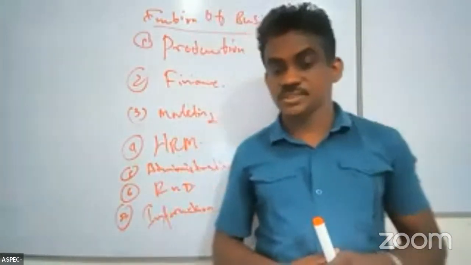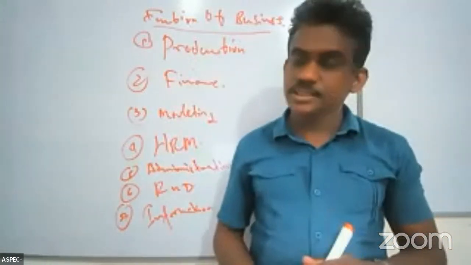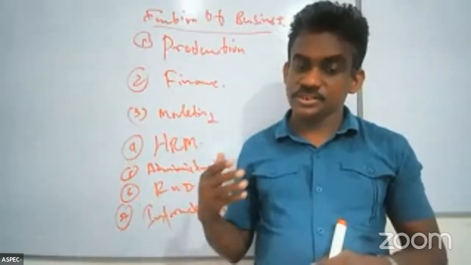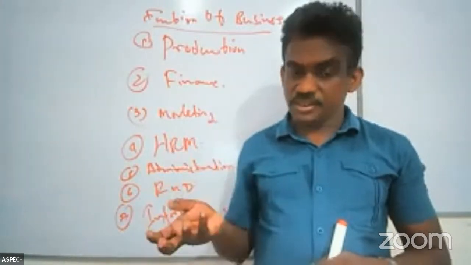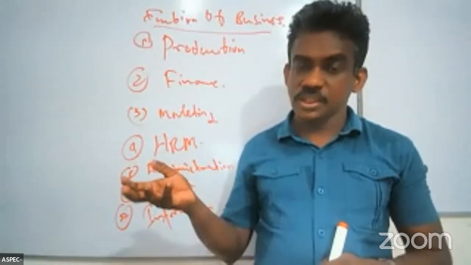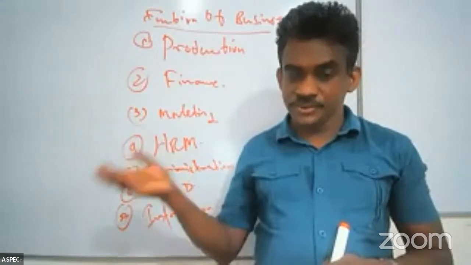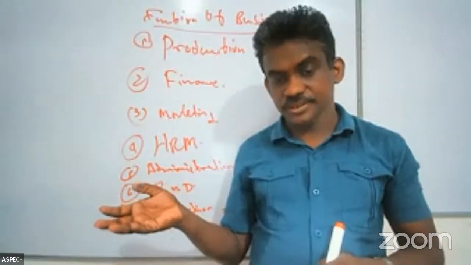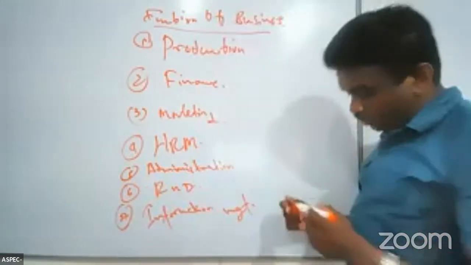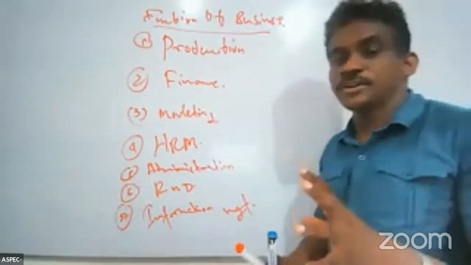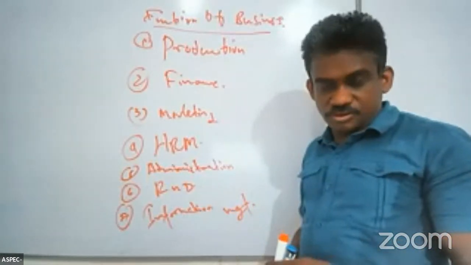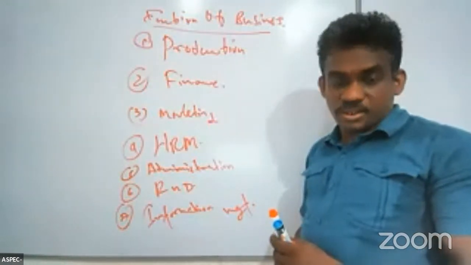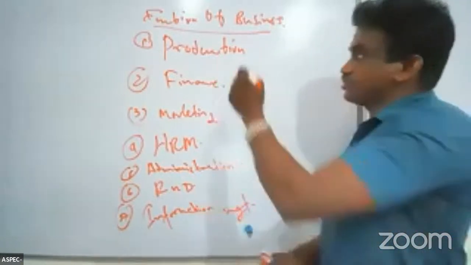Business produces goods and services. Production can also be categorized into other parts: primary production, secondary production, tertiary production. Primary production is agriculture. Secondary production, industries. Tertiary production is services. Business produces goods and services to satisfy human needs and wants. Then the main business activity is production operations. We can say operation also.